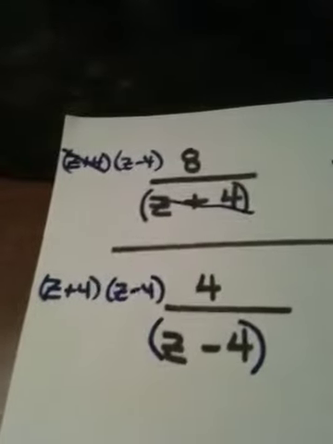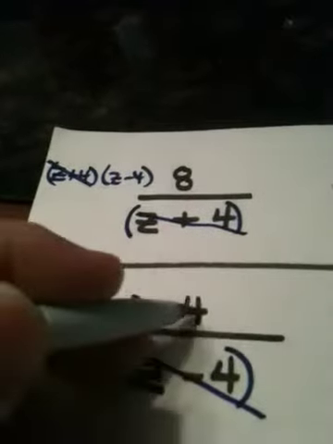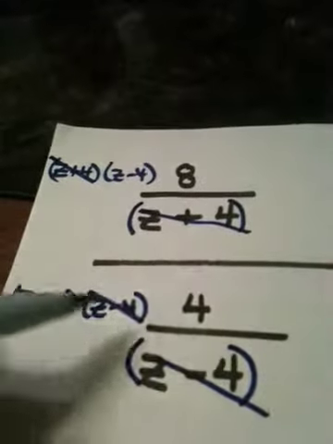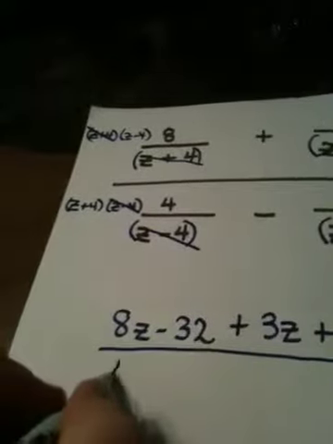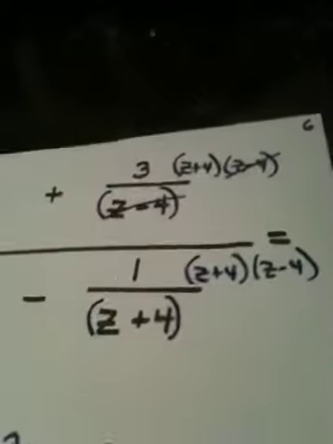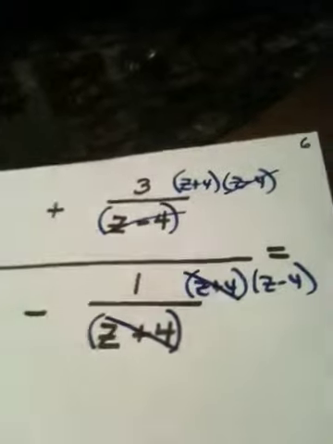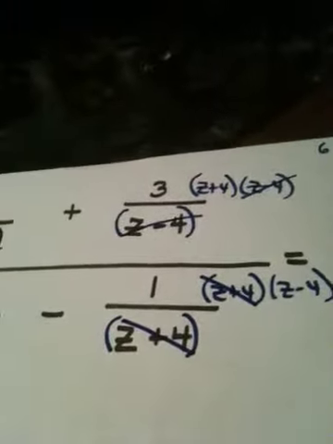Okay, downstairs. This multiplication, I cancel the z minus 4's, but I distribute the 4. 4 times z plus 4 is 4z plus 16. And finally over here, the z plus 4's cancel, but now be very careful.